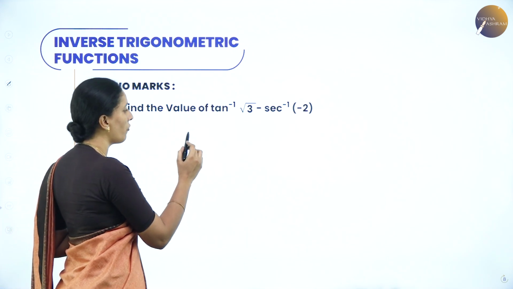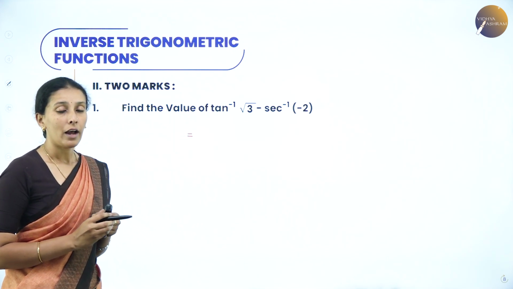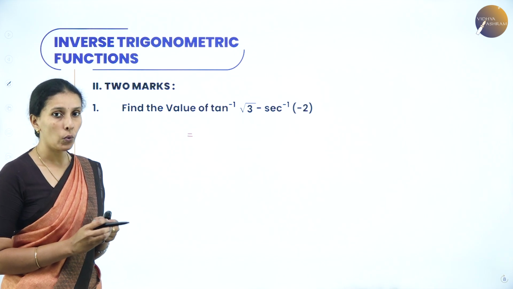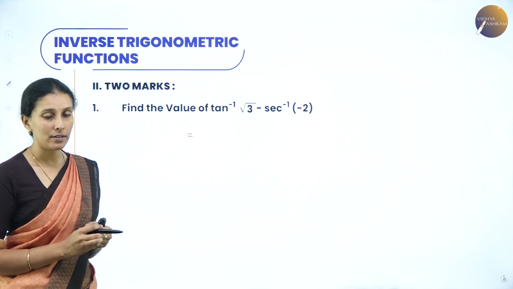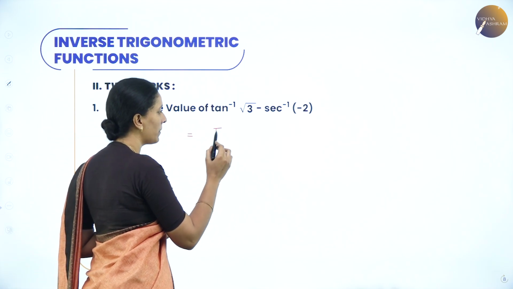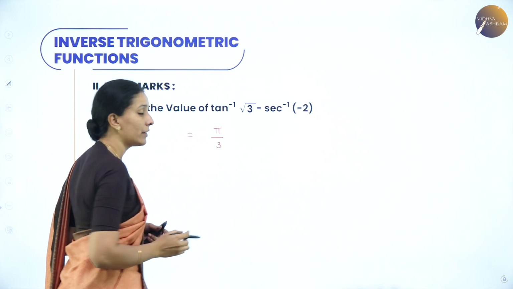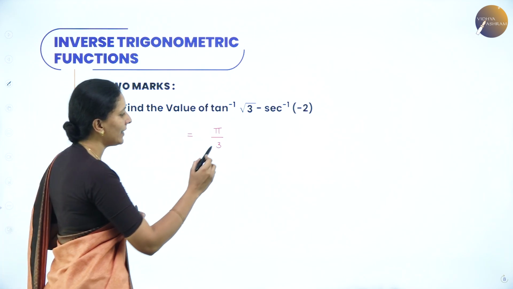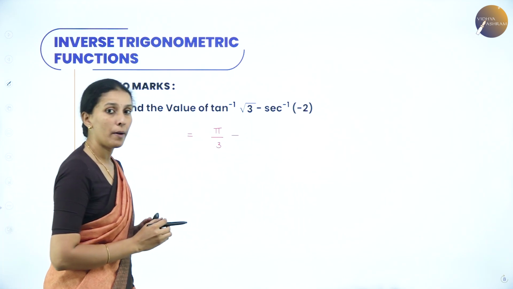Now tan inverse of root 3, we know that under tan we have root 3 for pi by 3, that is tan 60 degree is root 3. So therefore tan inverse of root 3 can be written as pi by 3. And we have minus secant inverse of minus 2.